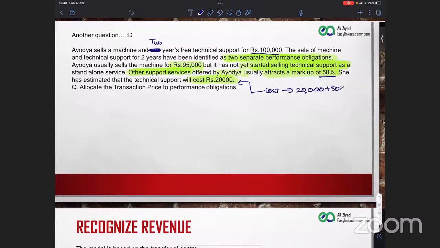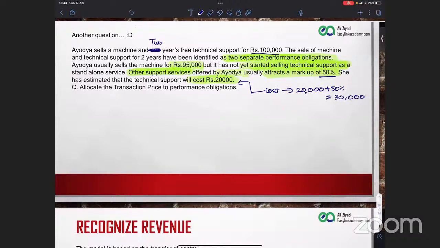So tell me, if Ayodhya were to sell this service separately, what will be the standalone selling price? 50% markup on 20,000 rupees. 30,000. Awesome.